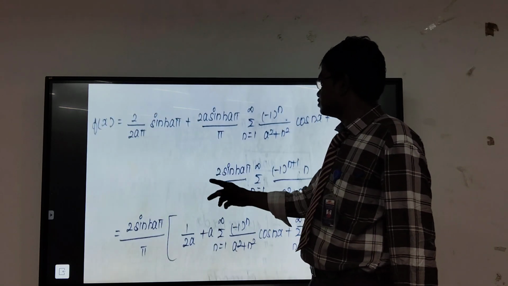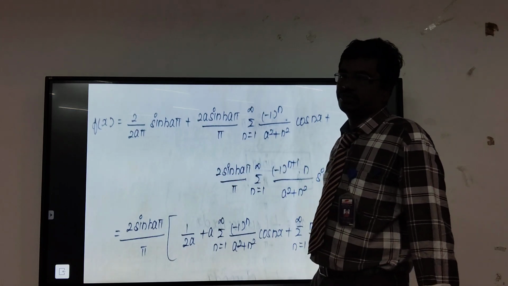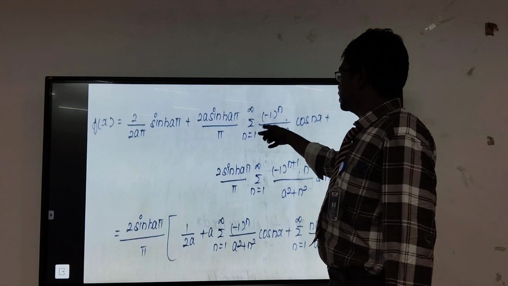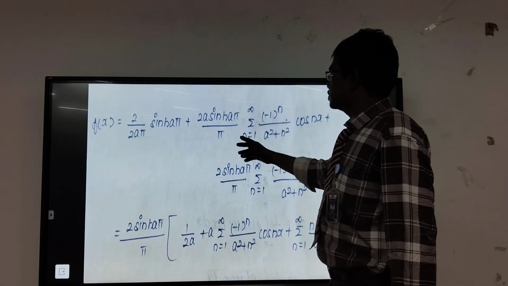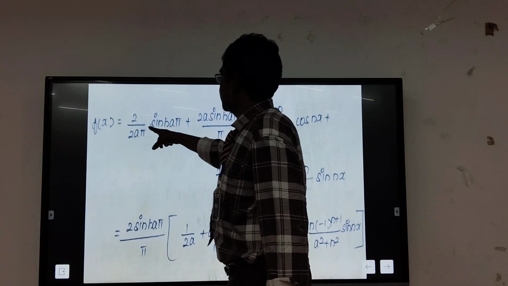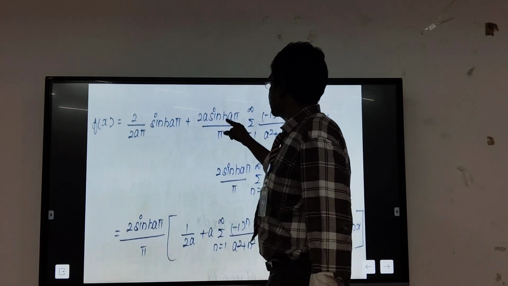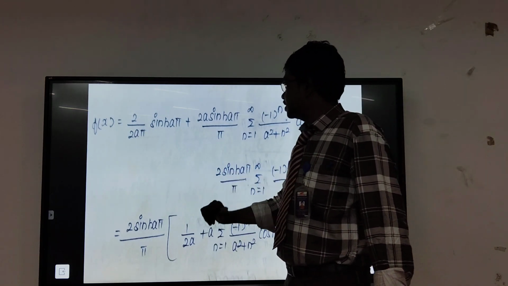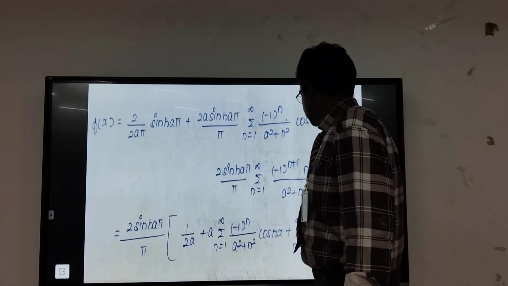Finally, we can substitute all the values of a0, an and bn formulas. So this is the result. What is the common factor? 2 sine hyperbolic a pi by pi. We can take it outside, and the remaining terms we put inside here.